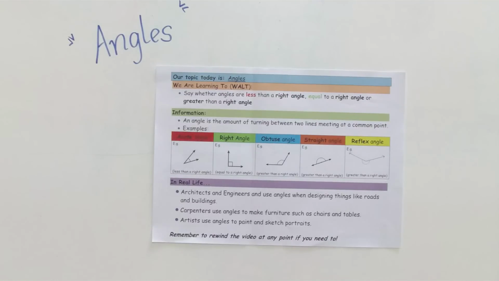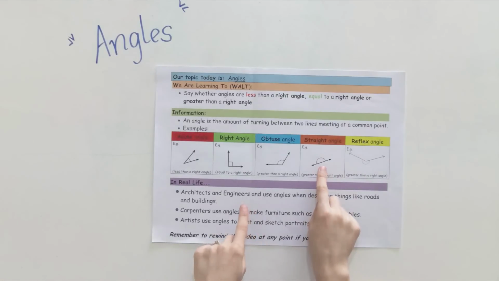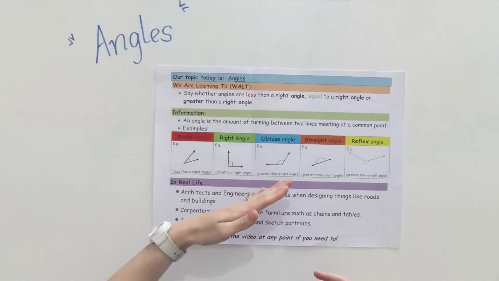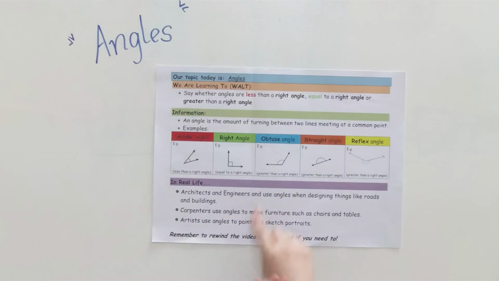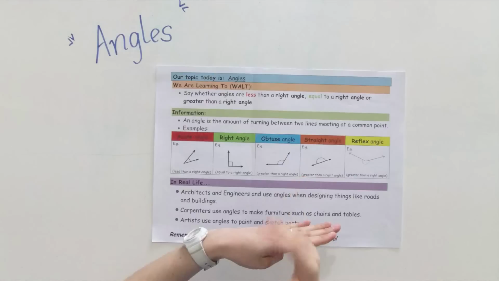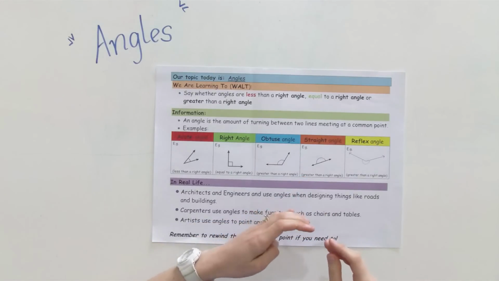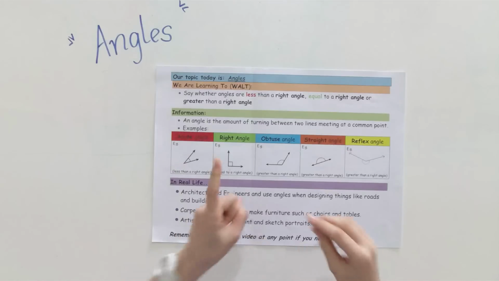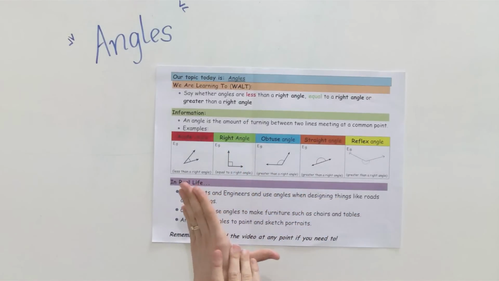We move on to the obtuse angle. Obtuse is basically between a straight angle and a right angle. A straight angle is just straight across, quite straightforward. An obtuse angle is anywhere between the straight one and the right angle.